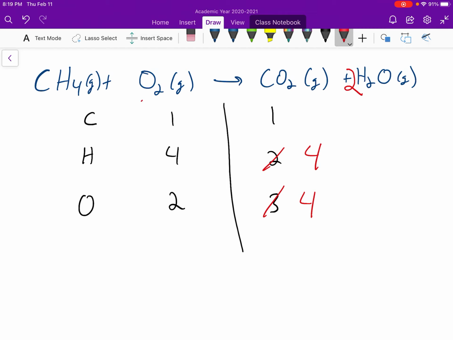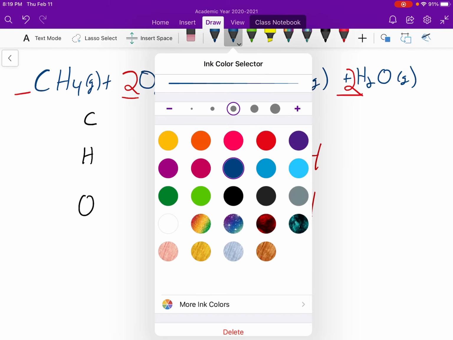Can I make this oxygen 4? I hope you're realizing yes by doing that. Okay? So that is the balanced equation. You're going to look for coefficients that you need to put there. If you need to, lay it out like this and go from there.